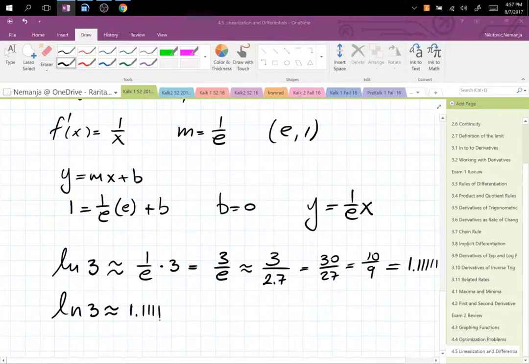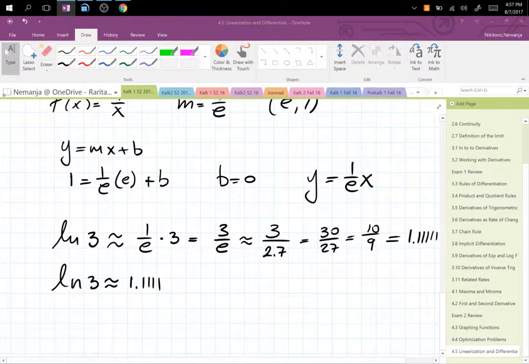Yes? So specifically 1.103. What, 10 divided by 9? No. Divided by e. But see, what we're doing here is we are not using a calculator at all. Now you're going to tell me the ln 3 calculator value.